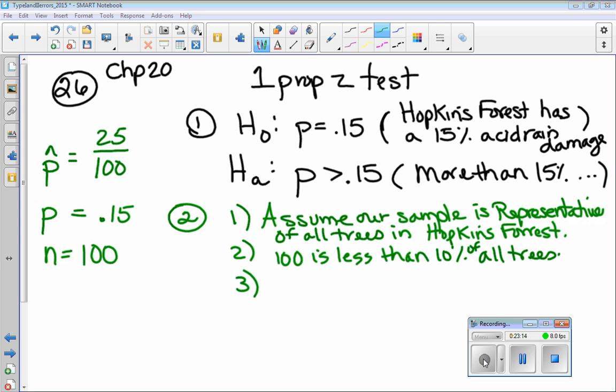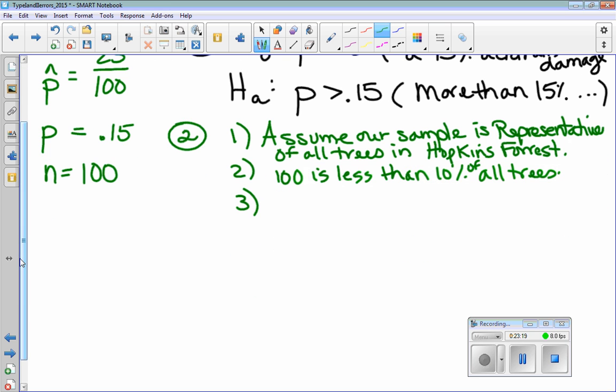Okay, and the third condition is going to be the success failure. Some people on their quiz simply wrote this and moved on. They had to take off points. Why? This is the formula. This doesn't prove anything. So what would I have to do? Hunter, tell me what I would do. So it's 100, and it's P, which is 0.15, not the other one.